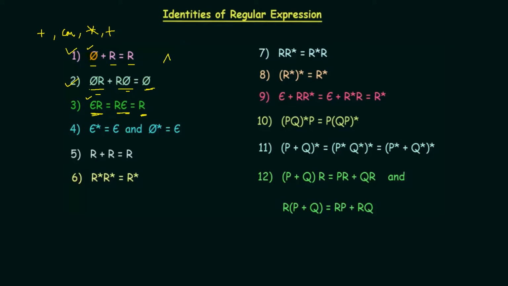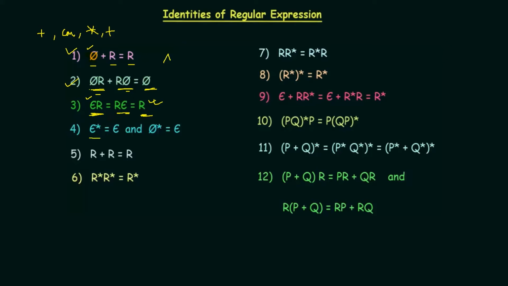The reason is that phi is the empty set, so if it gulps the regular expression into it, it is going to again produce a null set. But here the regular expression is overpowering that single null expression, and the concatenation of them brings up a regular expression.